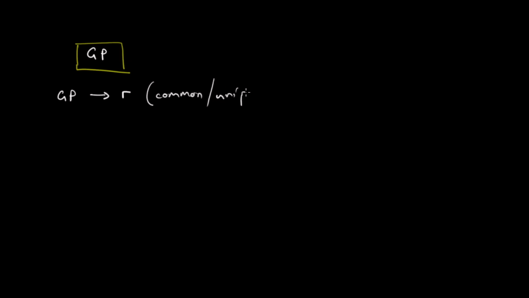Now going to the second part, patakaita a geometric progression, a GP. We defined a GP as what? As a sequence in which any pair of successive terms give a uniform ratio. Saka we associated a GP with R, which is referring to a common, we can equally call it a uniform ratio.